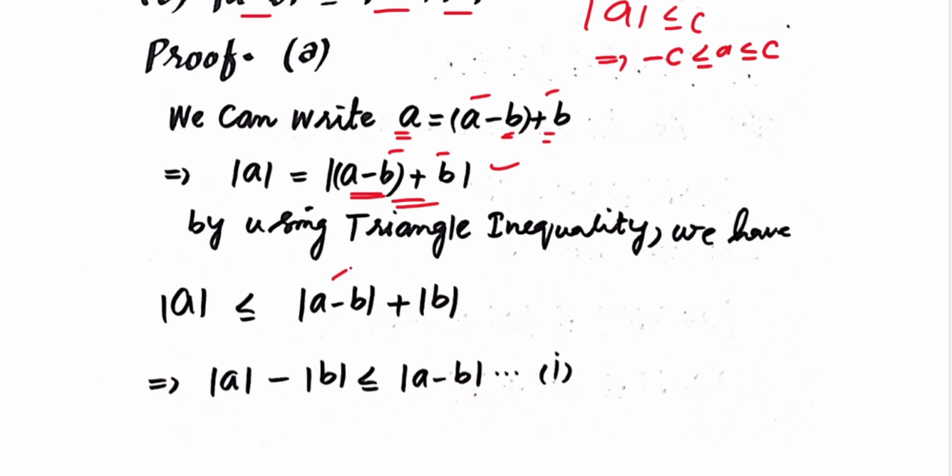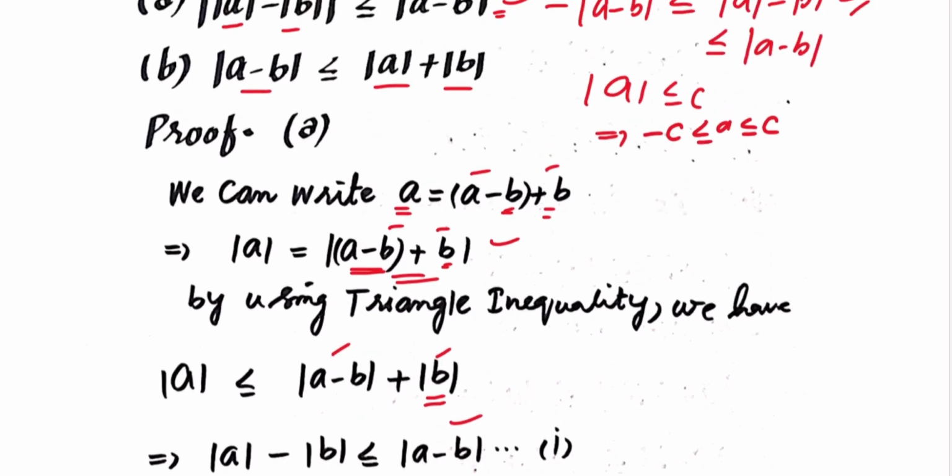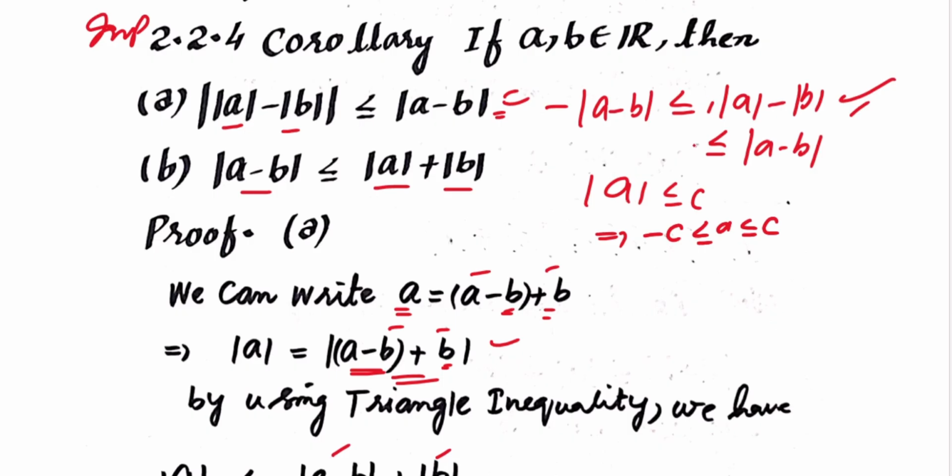This is the absolute value of the first number, plus the absolute value of the second number. Subtracting absolute b on both sides, we have absolute a minus absolute b less than or equal to the absolute value of a minus b. So this is the second part that we have proved here.